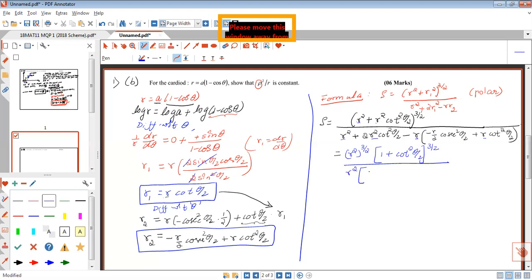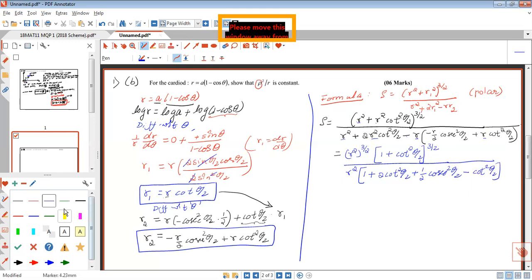Remaining is 1 plus 2 times cot square theta by 2, minus into minus plus 1 by 2 times cosec square theta by 2, and the last term, which has a negative sign, with r square outside, so negative cot square theta by 2.